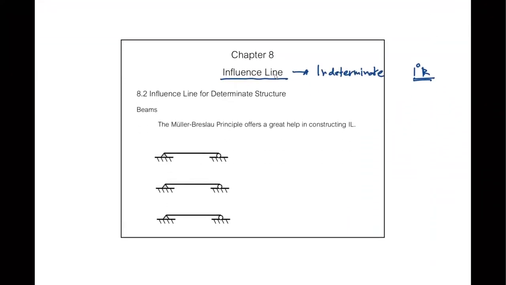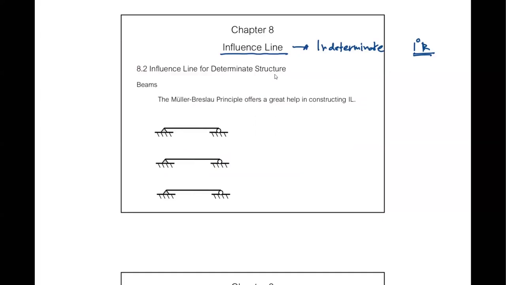Okay, so let's say you want to know the influence line of the reaction. You will allow this reaction to travel freely by unlocking the vertical restraint, right? So when this reaction is allowed to move freely, it will push this beam upward because there is no vertical restraint.